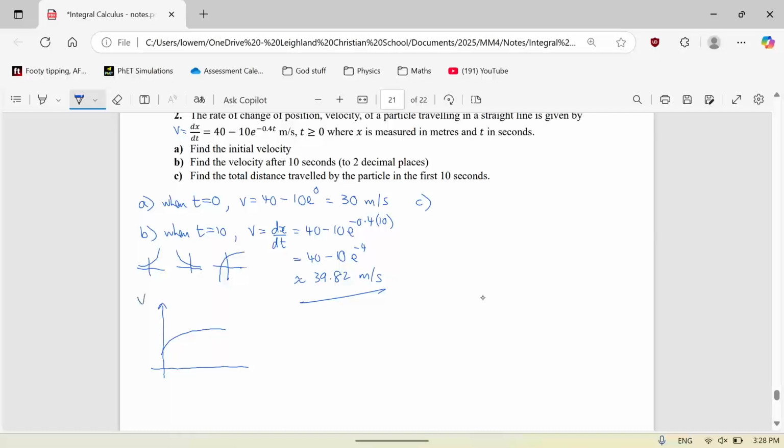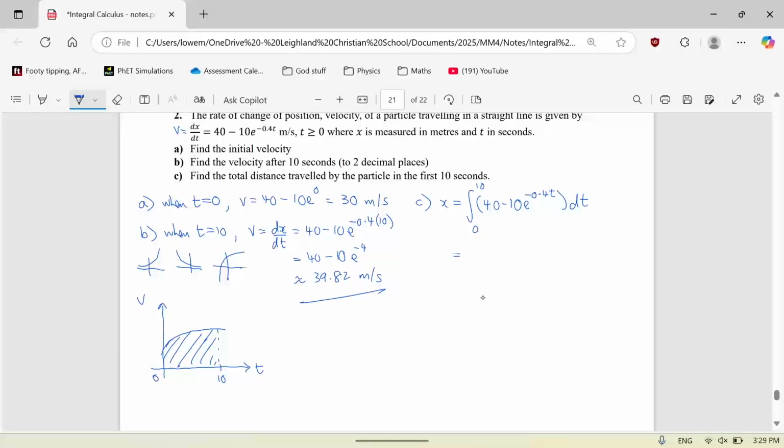That's our velocity, that's our time, and between 0 and 10 seconds, remember, our distance or our displacement really is the area under the curve. So the total distance travelled will safely be our definite integral from 0 to 10 of 40 minus 10e to the negative 0.4t.